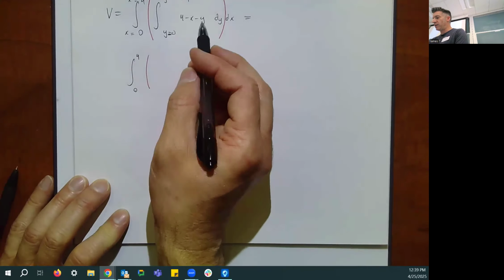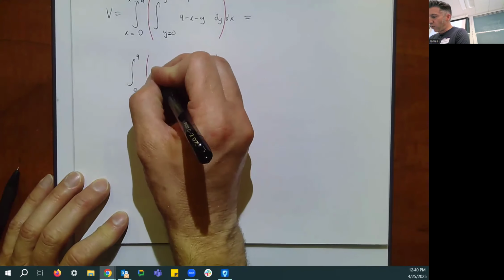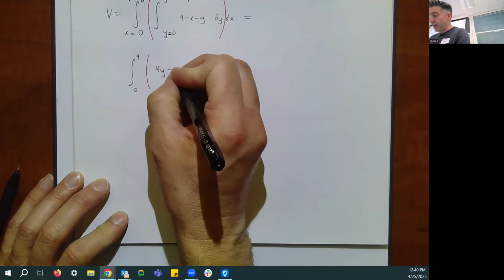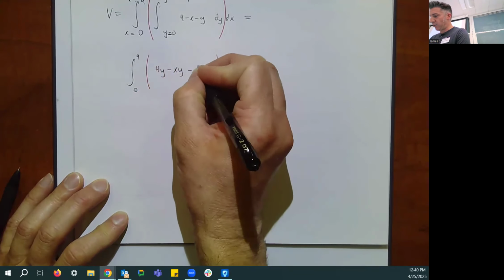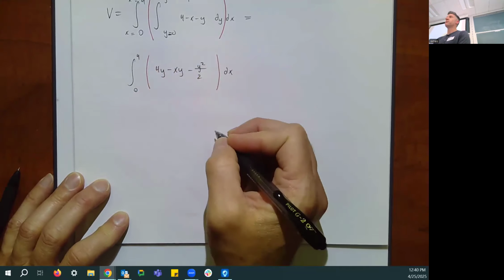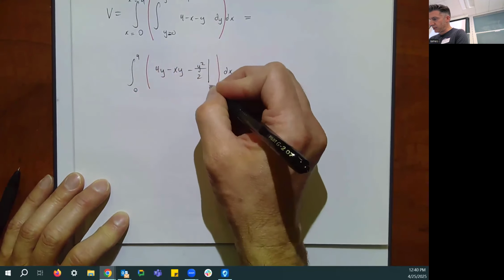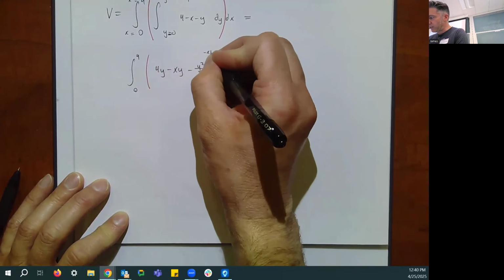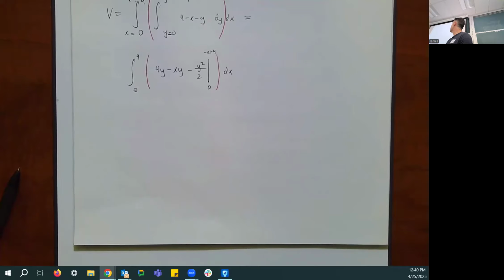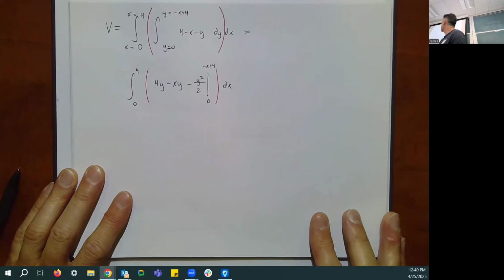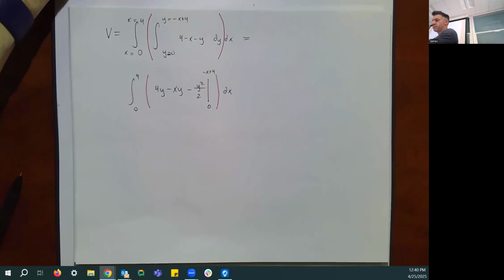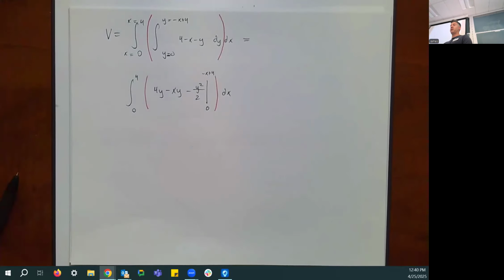So when we integrate 4 minus x minus y, we get 4y minus xy minus y squared over 2, evaluated from 0 to negative x plus 4. Right? Each constant thing, 4 and x, when anti-differentiated, you just multiply them by y, and then y, which is the variable, you use the anti-power rule.